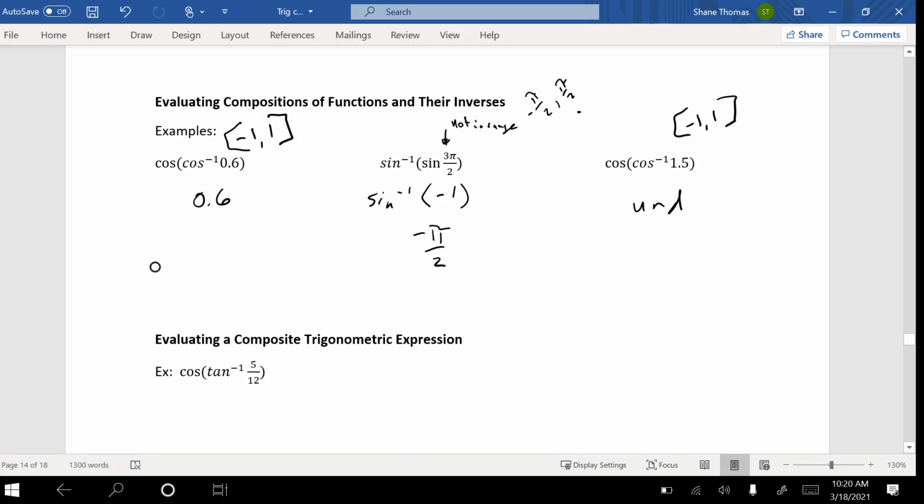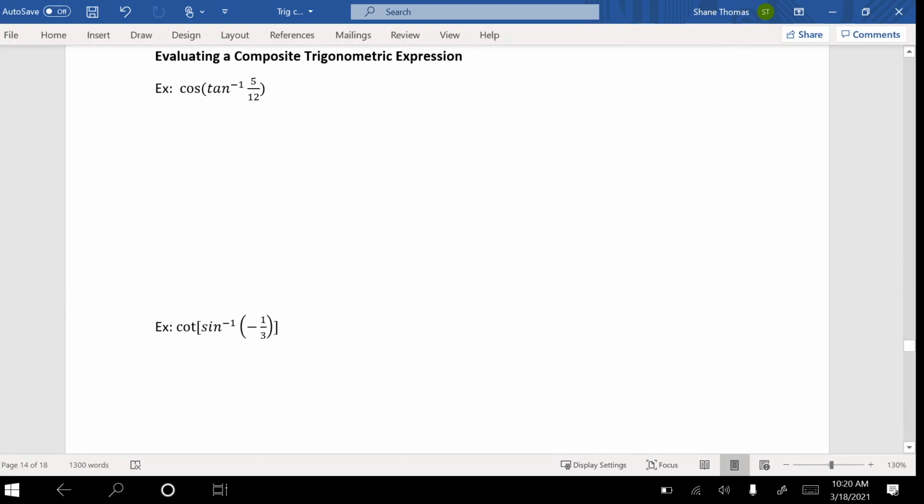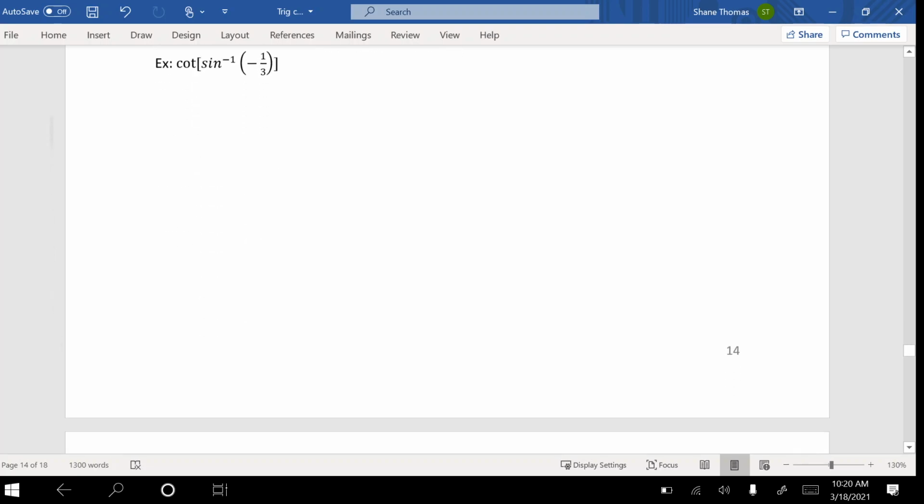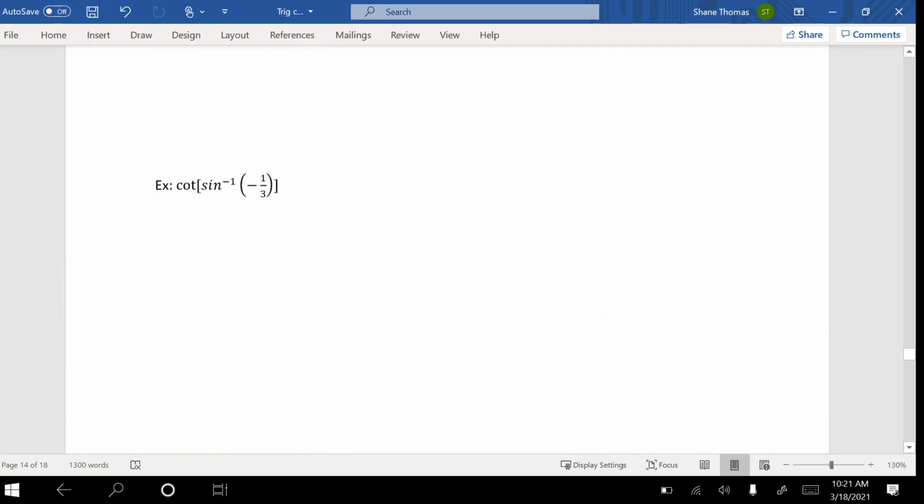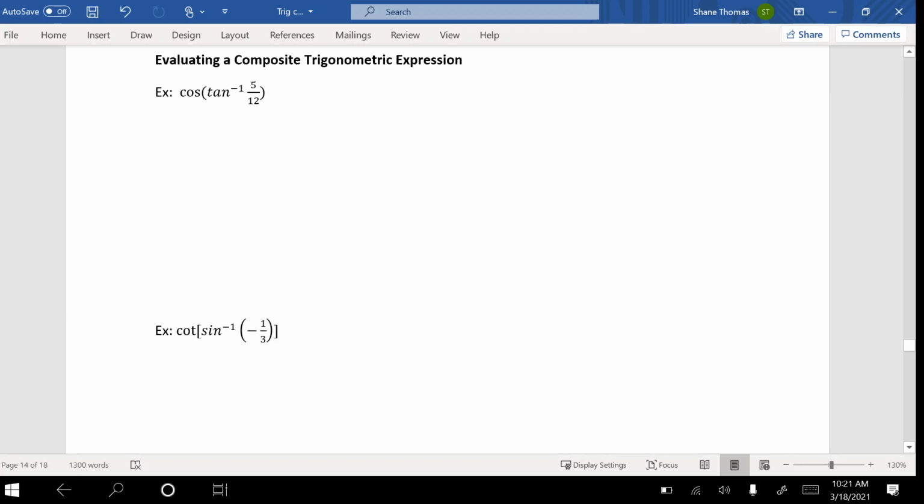What if I have a composition of functions and they're two different functions? Not so much. So we have to find the cosine of the inverse tangent of 5 over 12.